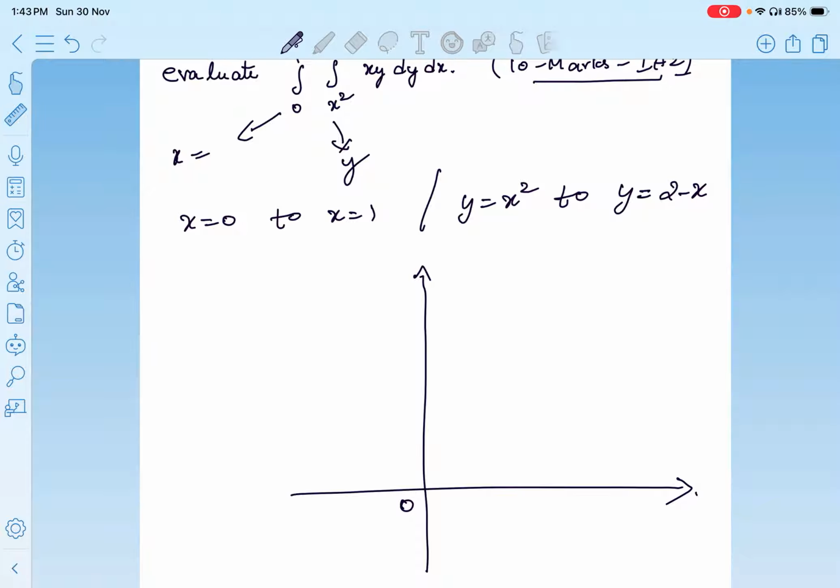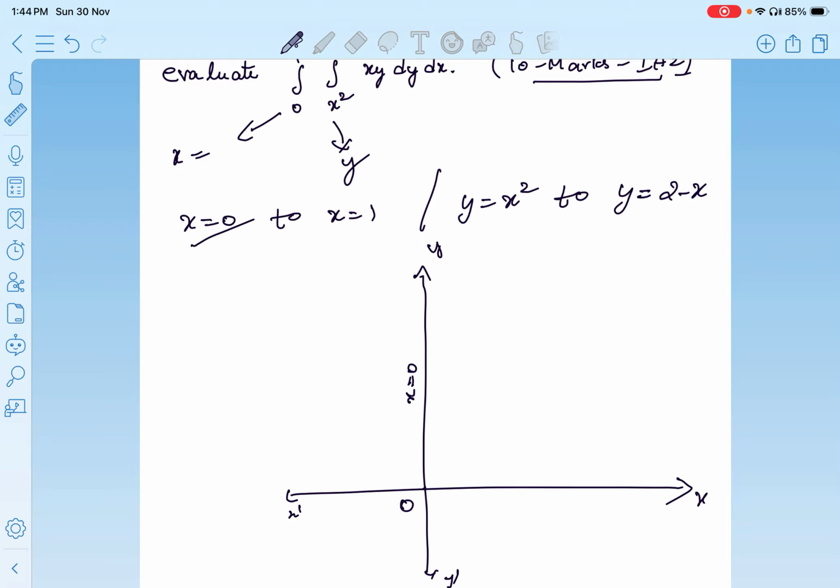So this is the origin 0, this is x and this is y, this is y dash, x dash, everything. So x equal to 0. If it is x equal to 0, what happens? It is going to fall on this line. So we can write this is your x equal to 0. So x equal to 0 is over.